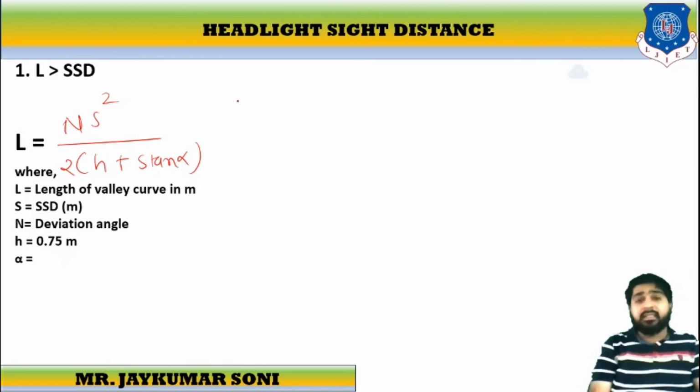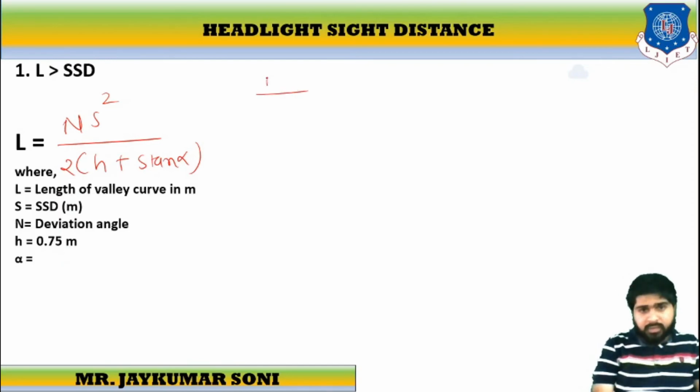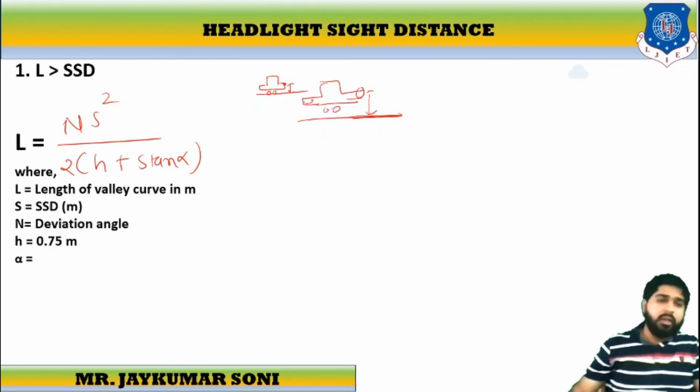See, this is my road, and this is my vehicle, and these are the headlights. So the small h is taken as 0.75, and it is the height of headlight from the road surface. And the value of alpha is 1 degree. These are the IRC criteria.